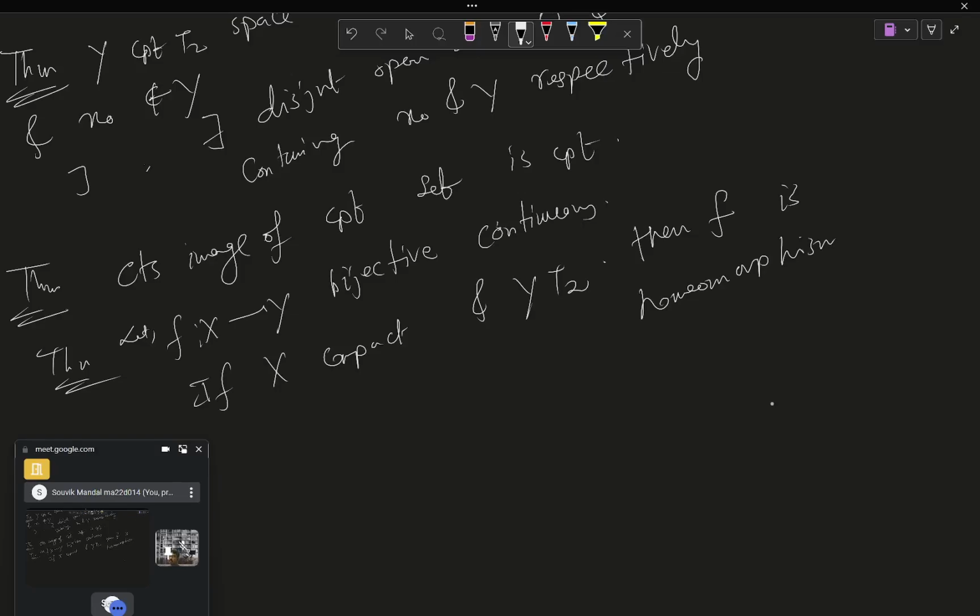So this is one theorem. And another theorem is known as the tube lemma.